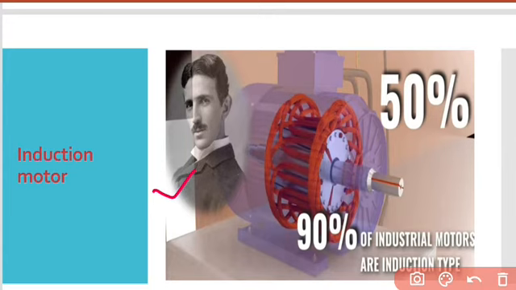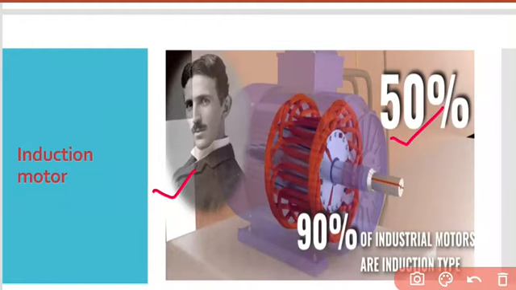In fact, 50% of global electric power consumption is due to the induction motor, and 90% of industrial motors are induction type. So you can see how huge a role induction motors are playing in the industrial world.